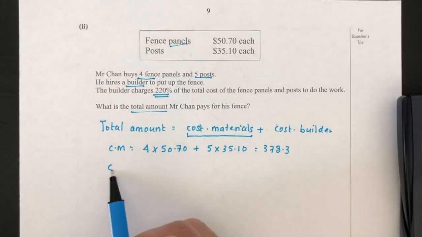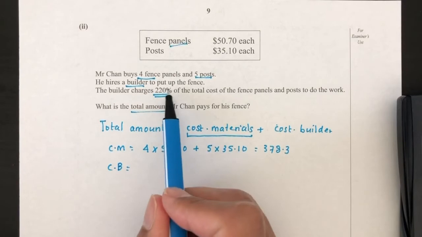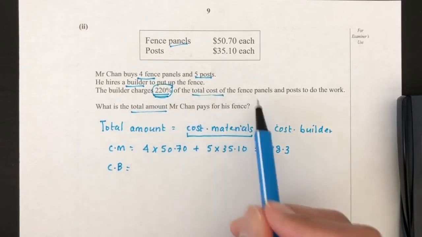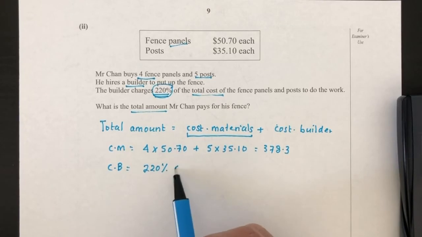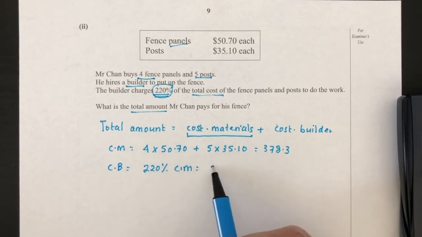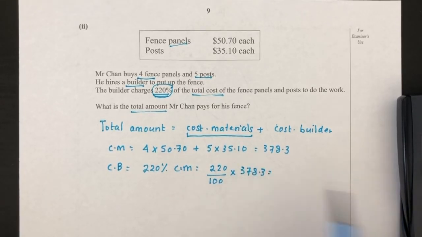Now, what is the cost of the builder? He says that the builder charges 220% of the cost of the material. So 220% of CM is equal to 220 over 100 times 378.3.